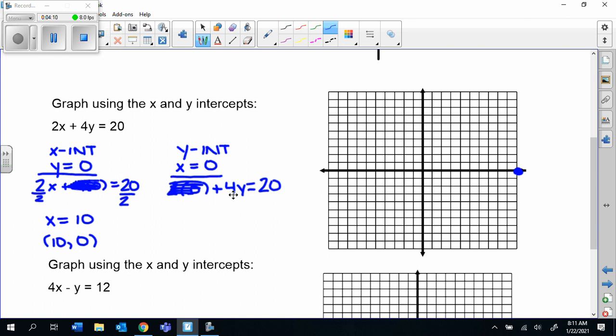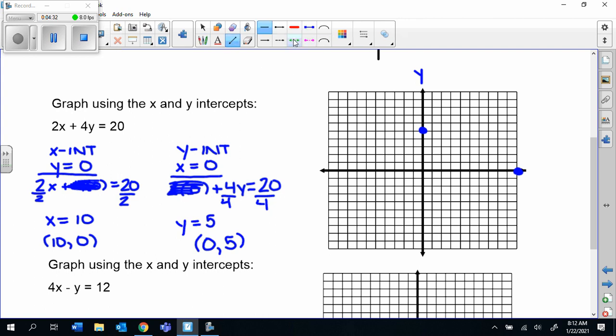So here we're going to divide by 4, and so we get y equals 5. So don't forget here the 0 comes first in the coordinate, and then the back number is 5. So we just go straight to that y-axis, up 1, 2, 3, 4, 5, and we have 2 points, and that is enough. And we draw the line, and we're done.